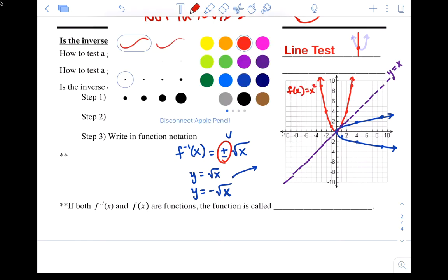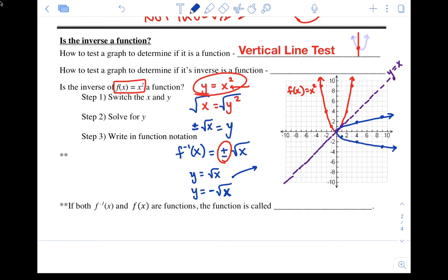You have also the two functions it takes to make your inverse. So your inverse of the positive square root of x, and then this branch is the inverse from the negative square root of x. Here we go, wrapping it up.